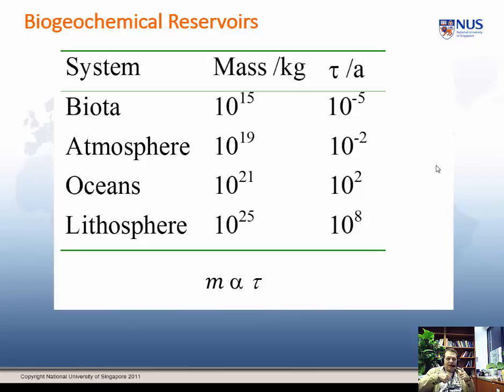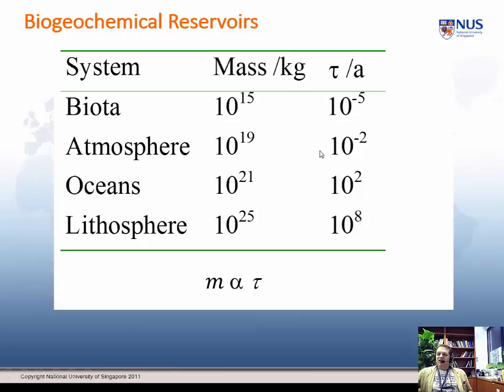If you like, it tells you about turnover time, how much activity there is actually in the reservoir. And I think you can see here that the larger the reservoir, the slower the time scale. So lithosphere is the largest, geological processes occurring on the millions of year time scale.